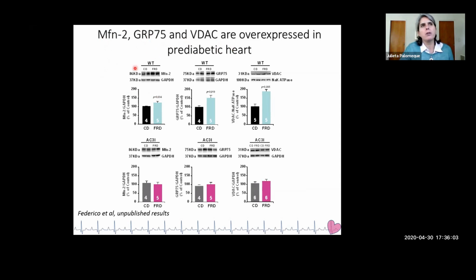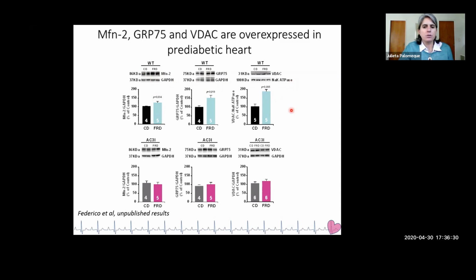These three proteins are involved in tethering the sarcoplasmic reticulum to the mitochondria, and that's why we look for them in this Western blot. We can see here that wild-type mice fed with a fructose-rich diet have an increase in the expression of mitofusin 2, GRP75, and VDAC.